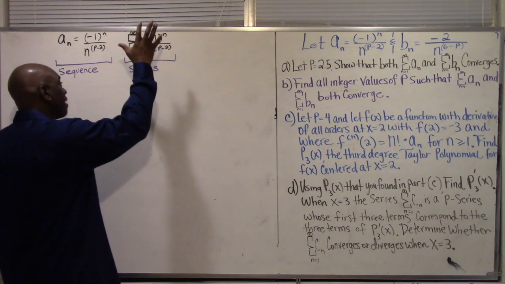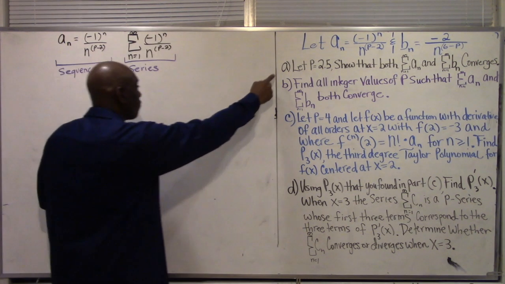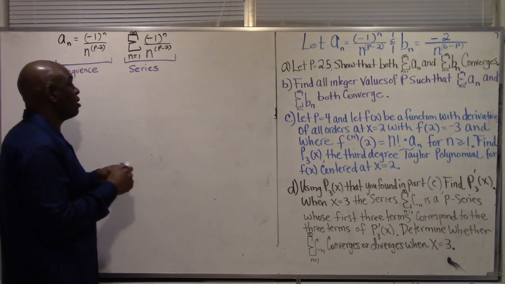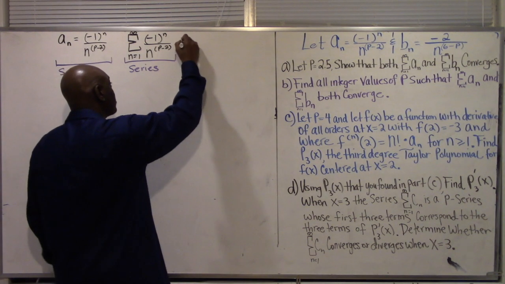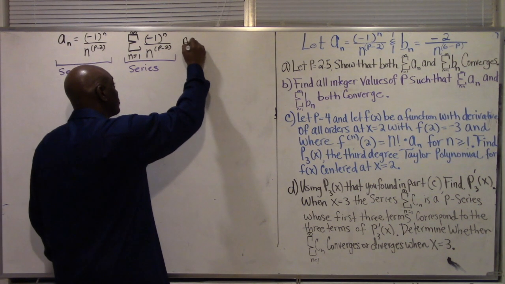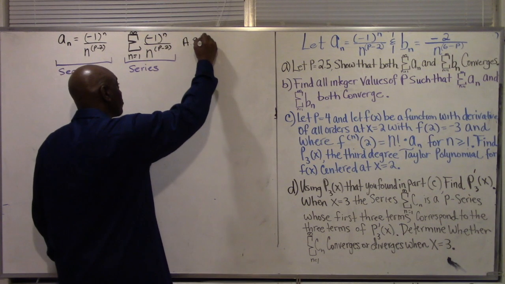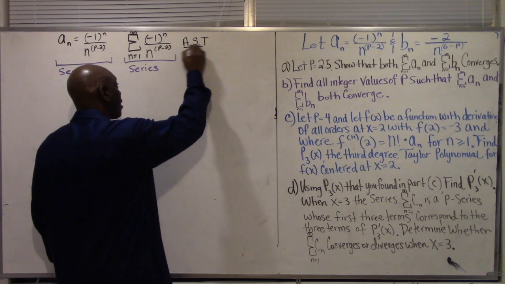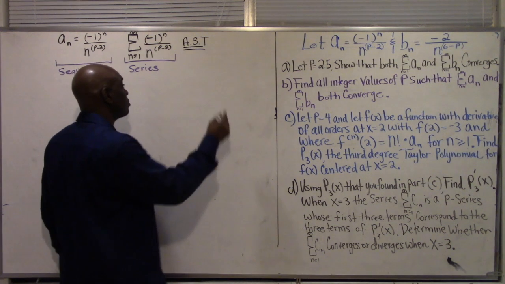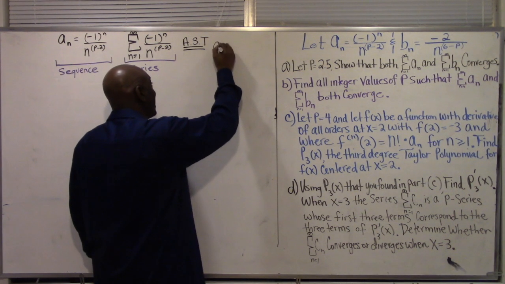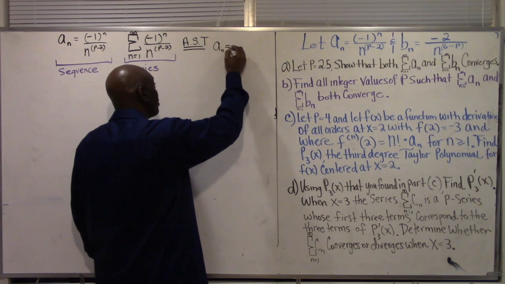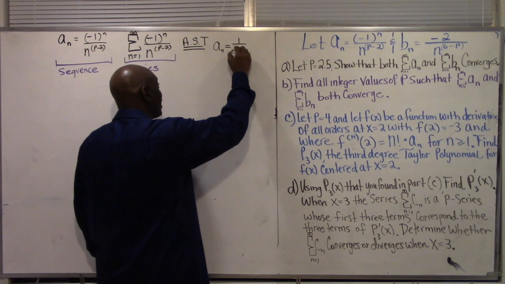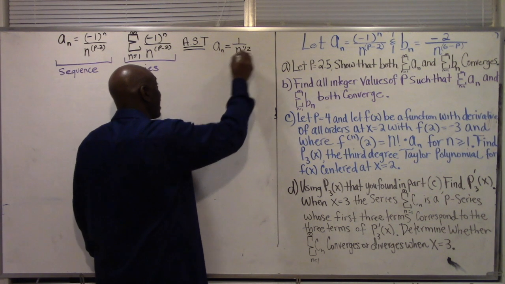All right, so for our first problem that we did for part A, we used the alternating series test. Recall that? And recall that our a sub n was 1 over n to the 1/2.